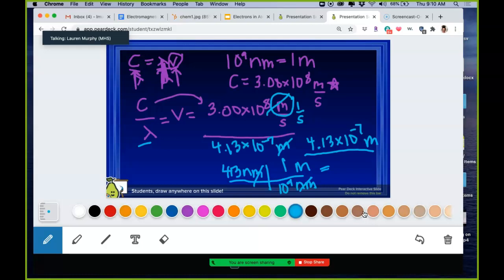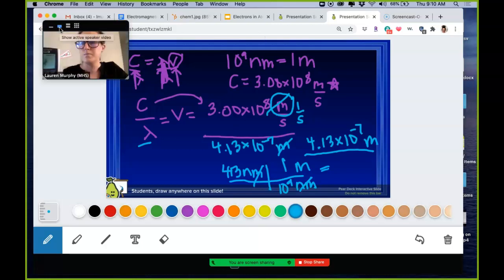So in your calculator now, you take 3.00 and then you hit your EE button, times 10 to the, and then I hit 8. And then I hit divide.